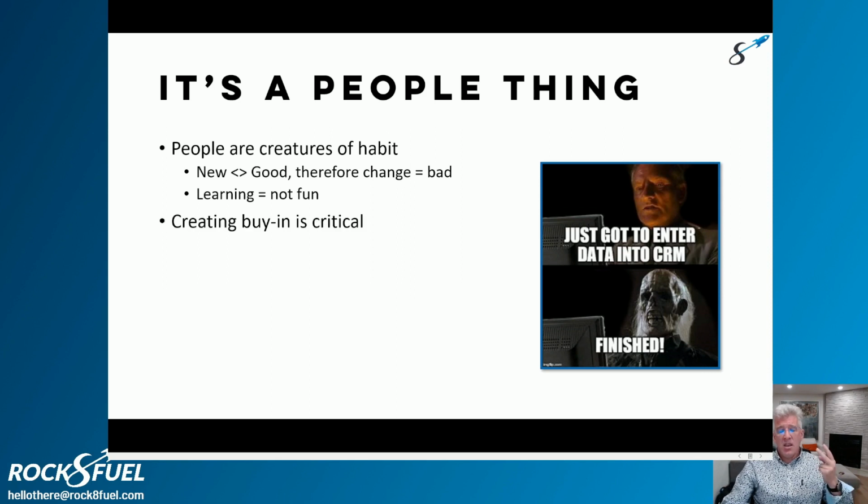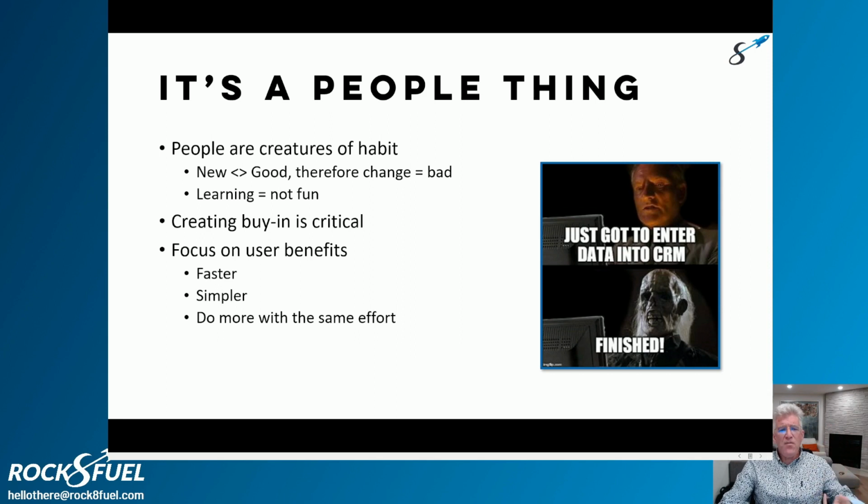Secondly, creating buy-in is critical. And by creating buy-in, the decision makers of the company, the execs, need to buy into this, and they need to buy into using it. Because if upstairs doesn't use it, downstairs won't use it. And focus on user benefits. Faster, simpler, better, do more with less are really cool things, and try to quantify them.